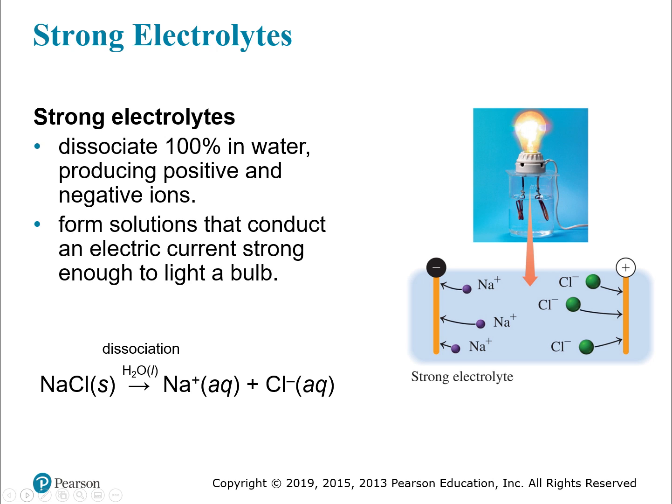When it comes to electrolytes, we've got strong electrolytes and weak electrolytes. We'll talk about strong electrolytes first. Strong electrolytes completely dissociate in water, and they make ions. So when you think about strong electrolytes, think about ionic compounds.